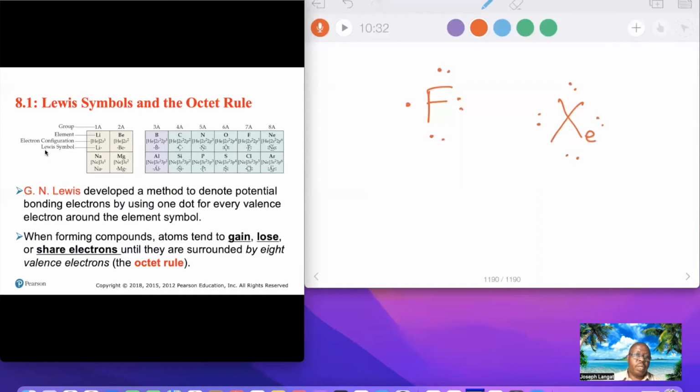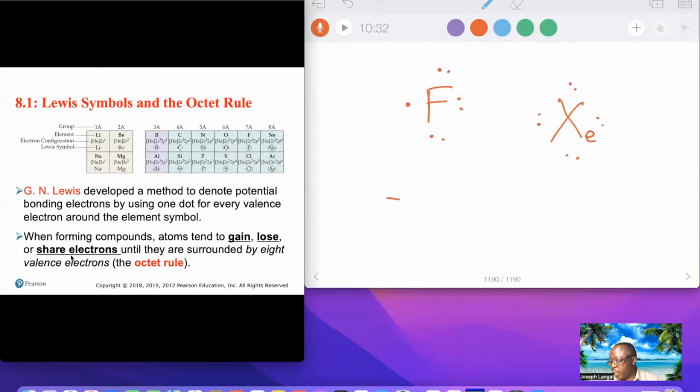Now, with these valence electrons, elements can either lose or gain electrons so that they end up with 8 electrons in the outermost shell, hence the octet rule. To achieve the octet rule, an element can either gain, lose, or share electrons.